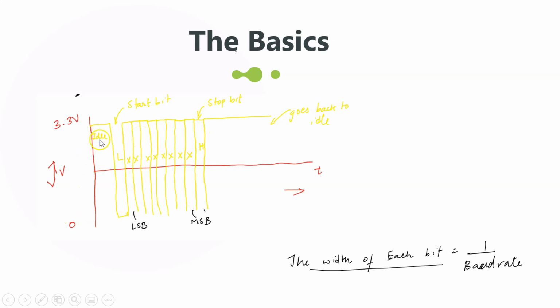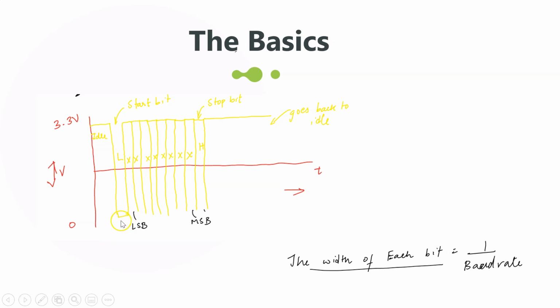When there is no data being sent from the TX to RX, it's left in the idle state, which is active high, which is usually the standard. Whenever you want to transmit any data, we bring the signal low for a bit.